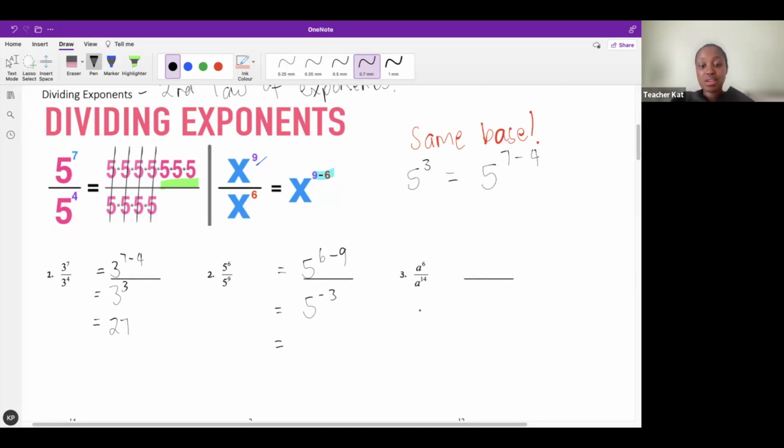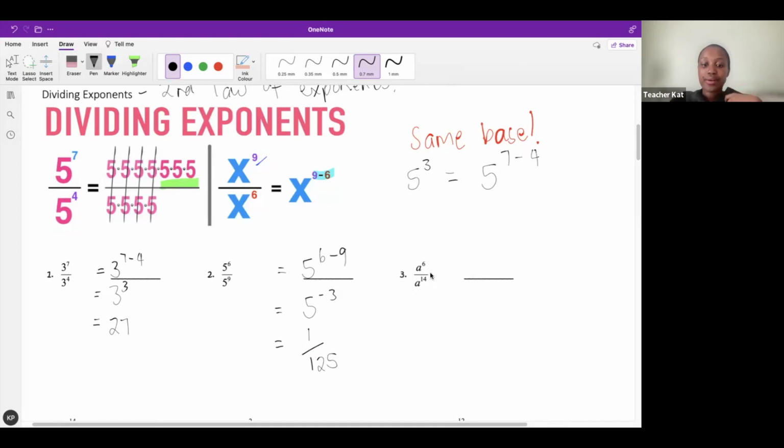If you simplify it, it will give you what? Thank you. 1 over 125. When we do the law about negative exponents, we will see why this is the case.